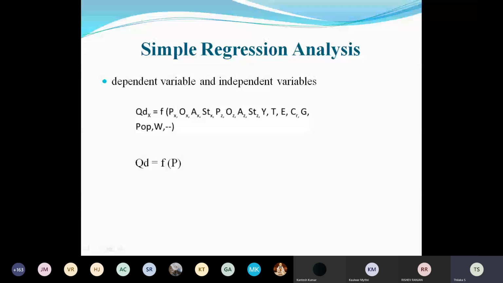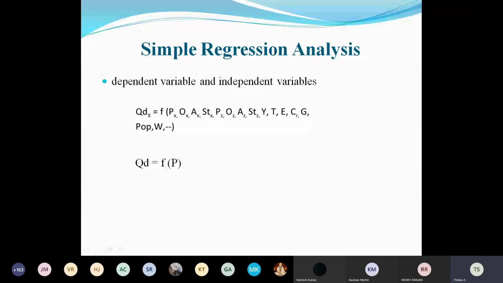QDX, the quantity demanded of commodity X, is a function of Px, the price of commodity X, the output of commodity X, the advertisement cost spent on that sector, the style, packaging, branding of the same commodity, the price of substitutes or complementary commodities, their output, style, packaging and branding, the income of the consumer, taste and preferences, and the elasticity.